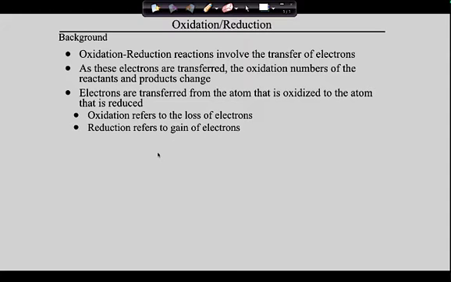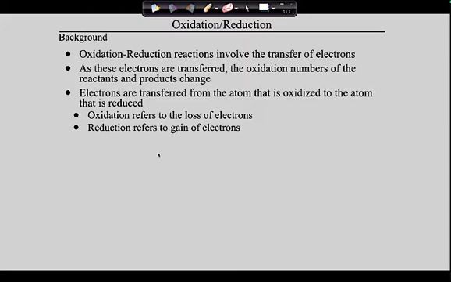So when they first started studying oxidation, the things that they were studying were metals that were oxidizing. And guys, what do we call oxidized metals? Rust. They were literally watching metals oxidize, and what they found is that when metals oxidized, they were losing electrons to oxygen, and so they said oxygen is stealing electrons, causing those metals to lose electrons, and because oxygen was the cause of it, they called it oxidation.